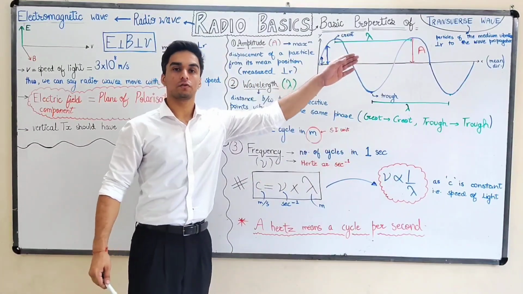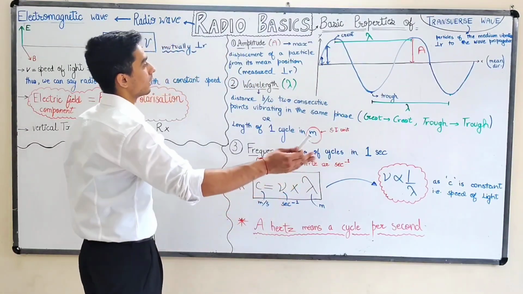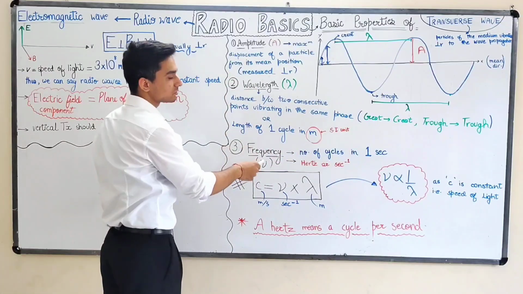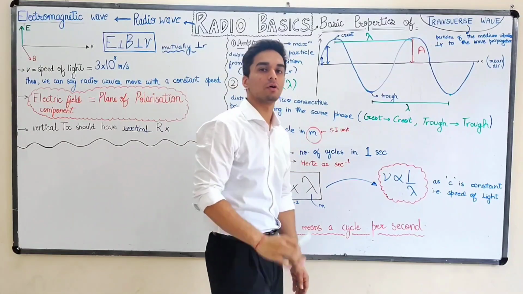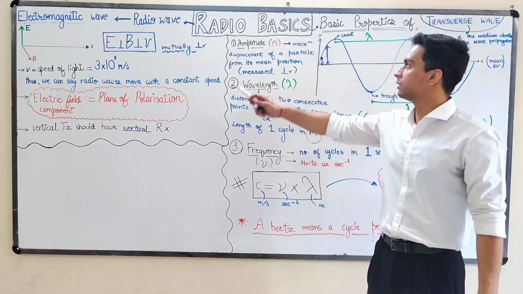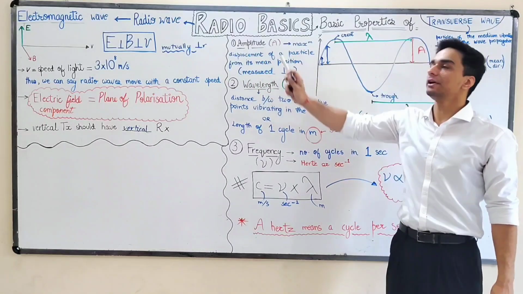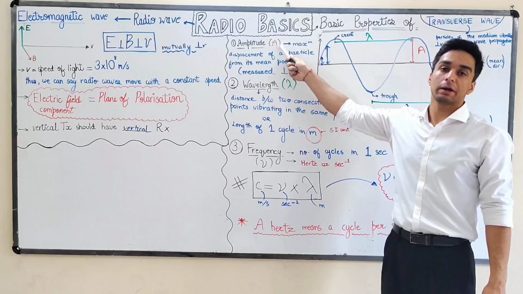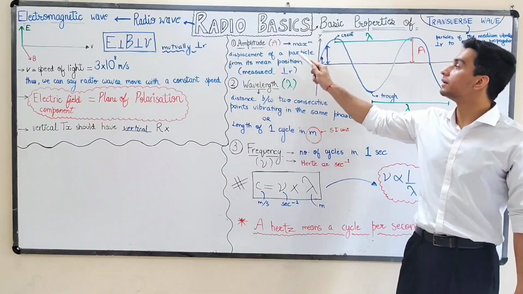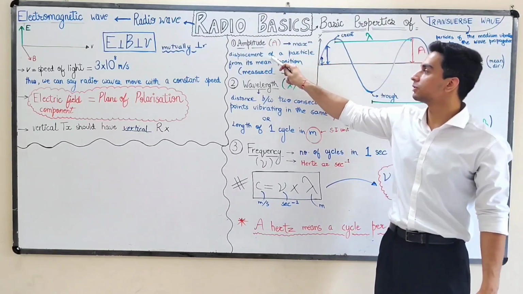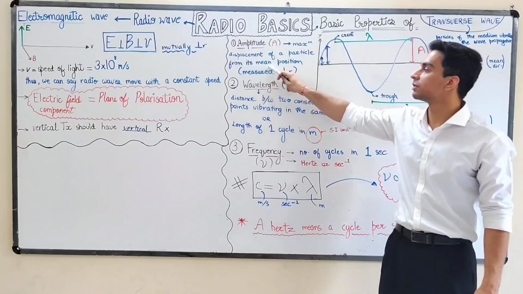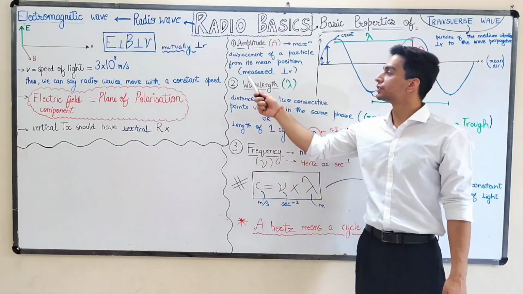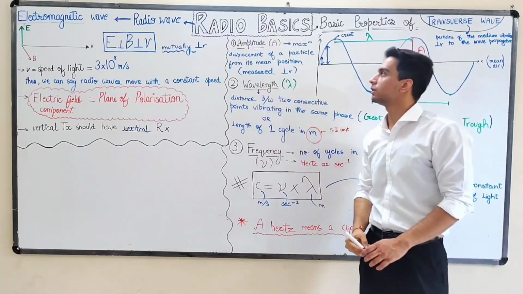After the definition of transverse wave, we move ahead to the basic properties related to transverse wave. Our first property we will be learning is the amplitude of the wave. Amplitude is represented with a capital A, and it is the maximum displacement of a particle from its mean position, which is measured perpendicularly.